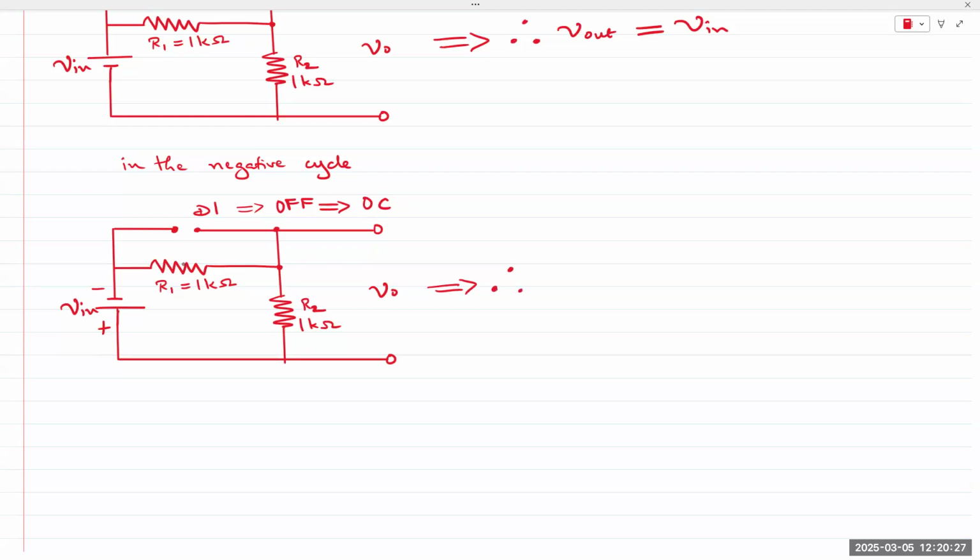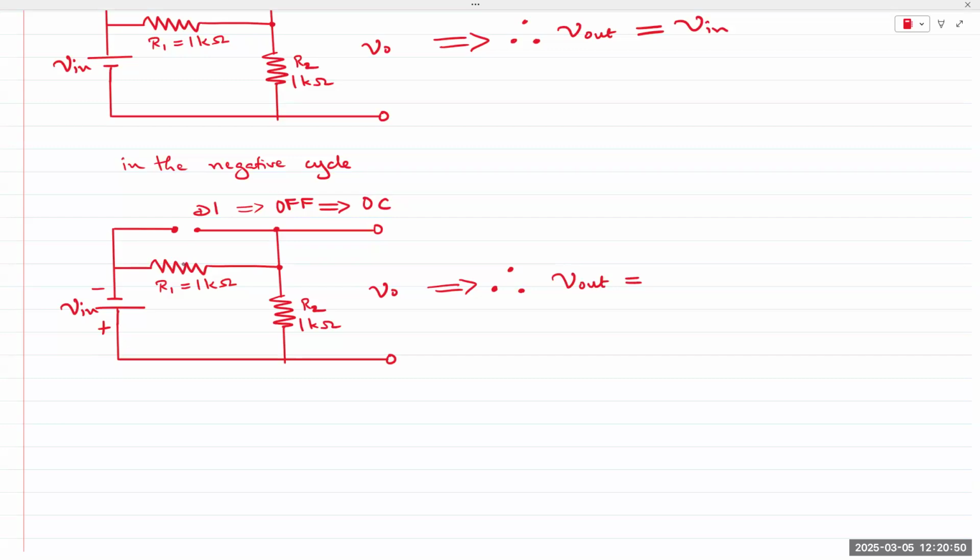Voltage across... I should ask your 201 instructors to take your grades back. It's R1 and R2 in series. It's a voltage divider network, and they are the exact same value.